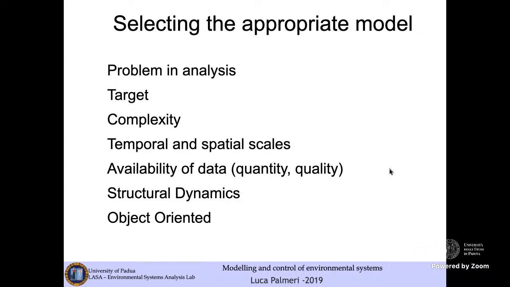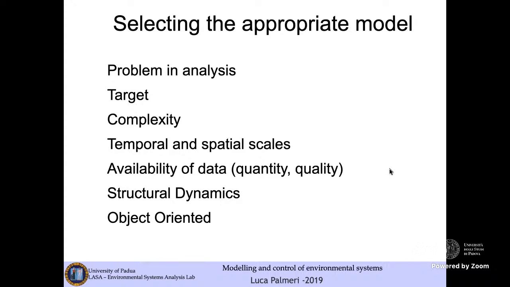For example, if we have a eutrophication problem, we will select a model that is able to describe at least the process of primary production, because you know that primary production is a key process in eutrophic situations.